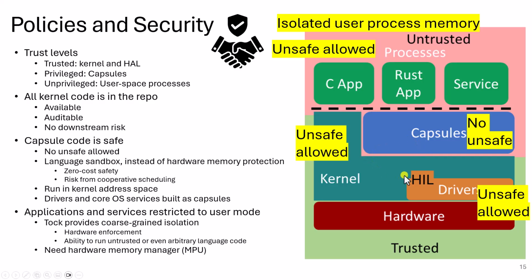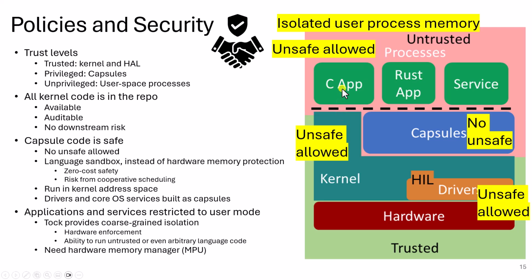Outside of all this is the completely untrusted, unprivileged user space processes up here. So in here would be not only the applications that are running on the embedded system, but services they may need, such as the Thread wireless protocol service and other services would be available here. And all of these, if they crash, they won't take down the entire system.